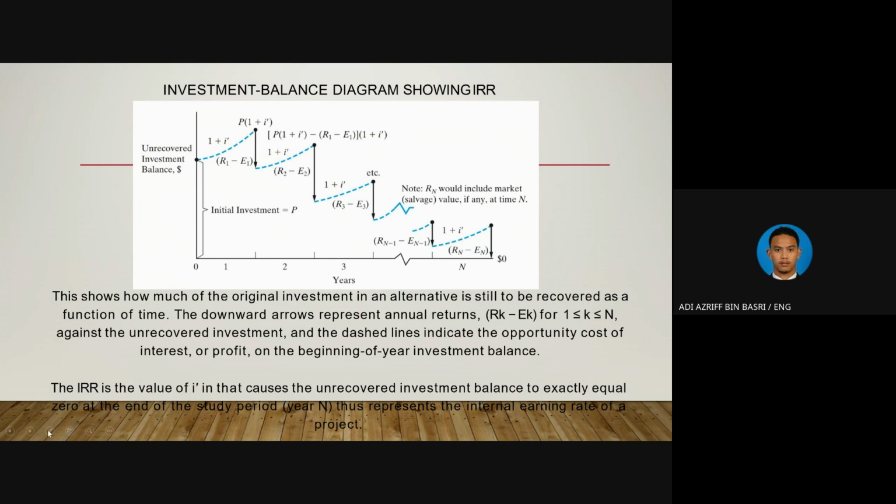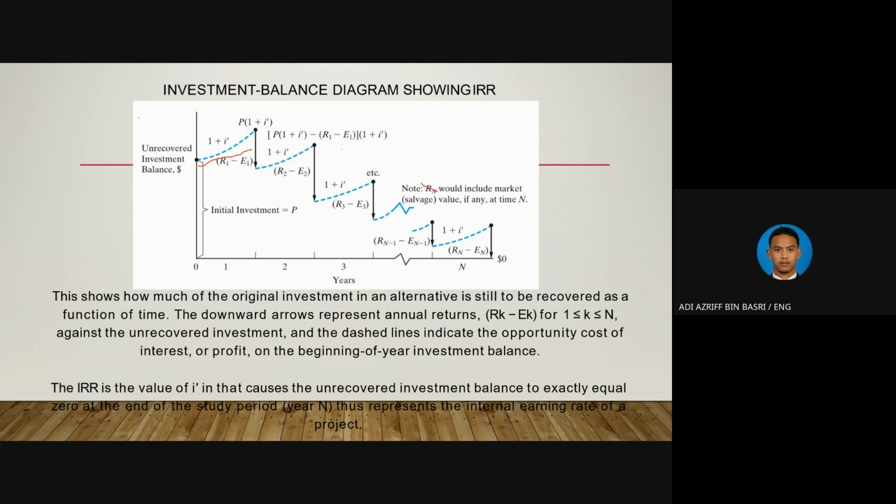If you can see here, what happens is, for example, in the first year, you notice that the dotted line is increasing, meaning that the opportunity cost and profit start to increase.